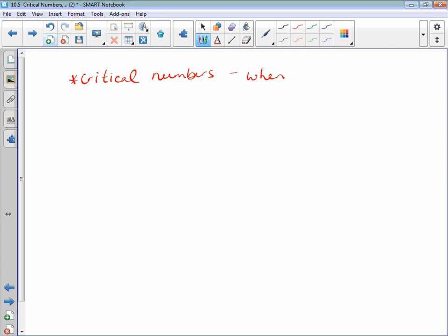All right, so this happens when the derivative is equal to 0. Or there's one other time when we get a critical number. Anybody have an idea of what it might be? What else is weird with a graph? What other thing could happen?